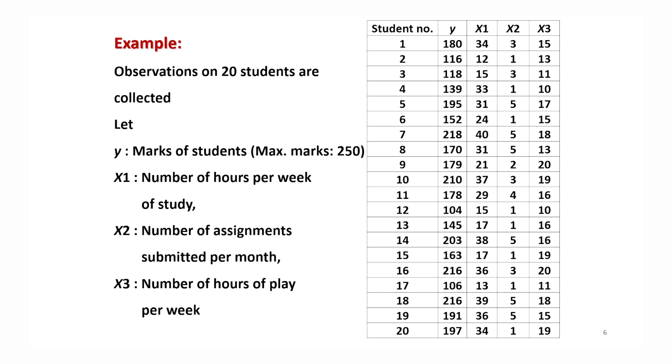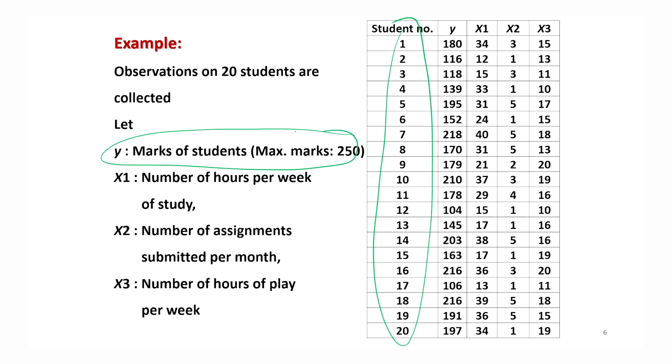We have the same data set with the marks of 20 students, out of 250, and we believe these marks depend on 3 variables: x1, the number of hours in a week the student studies; x2, the number of assignments submitted in a month; and x3, the number of hours of play in a week.